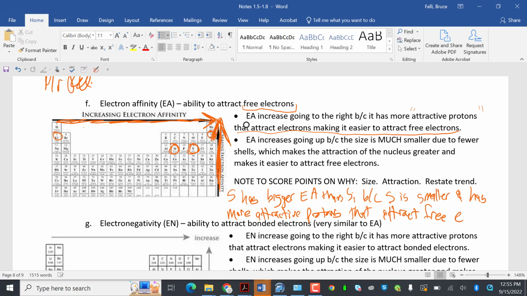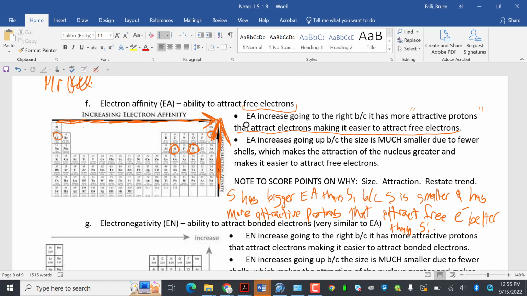My handwriting looks terrible, so I'll read it to you again. So you might have to rewind this one. Sulfur has a bigger EA than silicon because sulfur is smaller and has more attractive protons that attract free electrons better than Si.